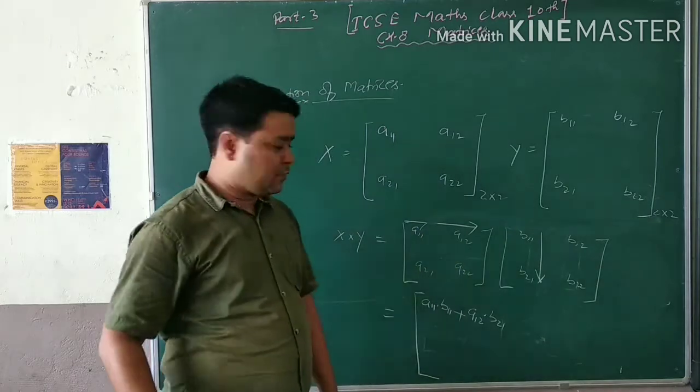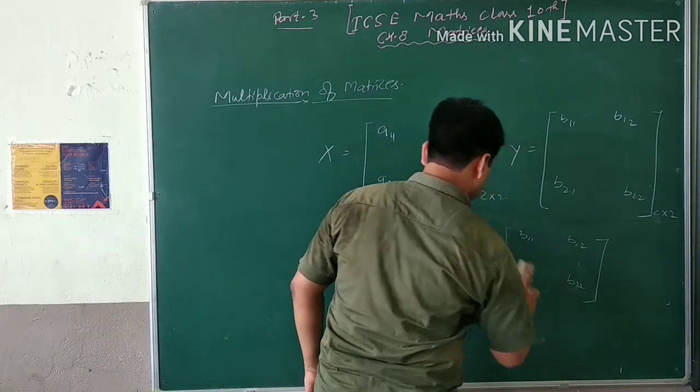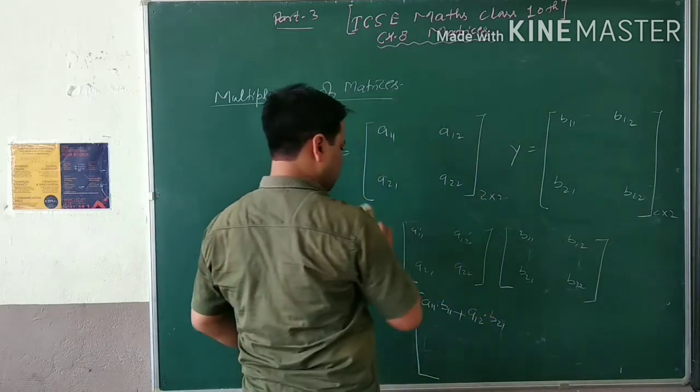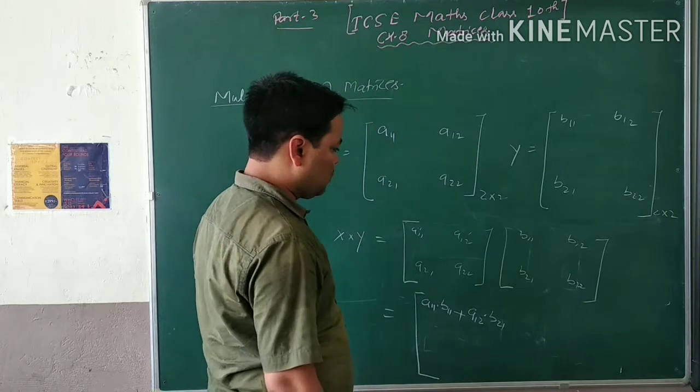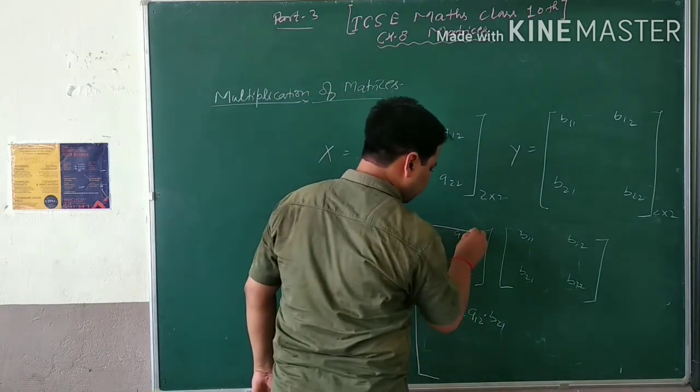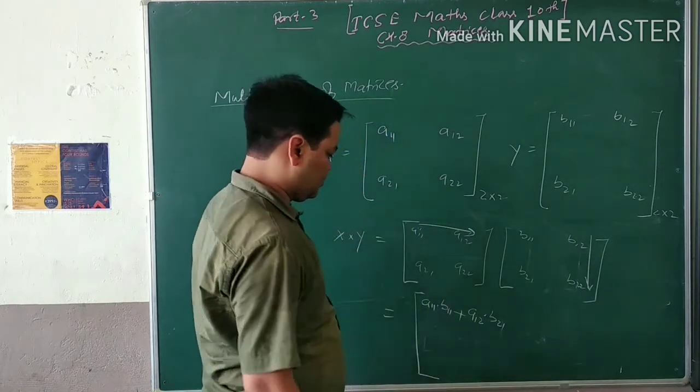Now, what do we do? We just erase this so that you can understand properly. Now, we take the first row and the second column. First row and second column.